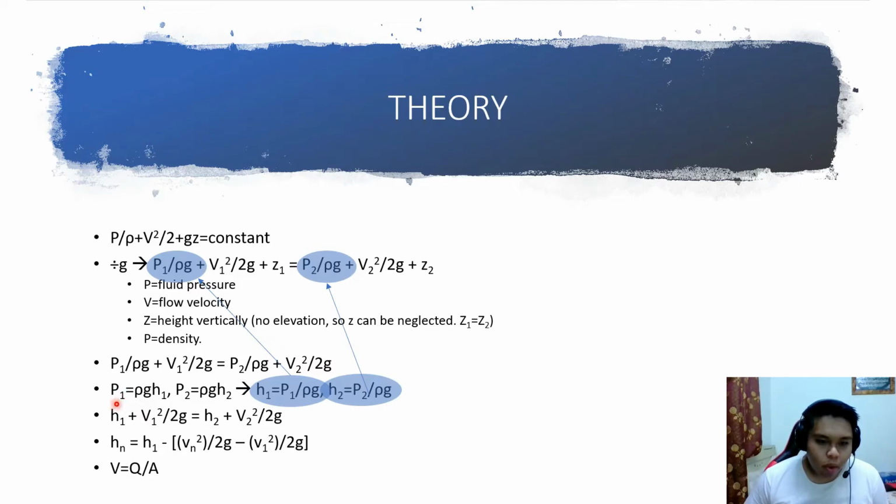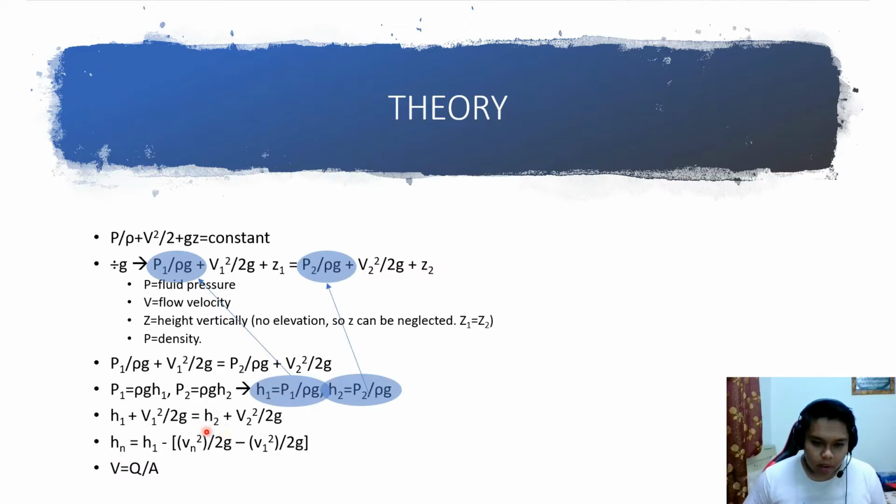So we know that P1 equals ρgh, so we will get h1 equals P1 over ρg. So note that P1 over ρg and P2 over ρg are the same, so we can replace this element with h1. So we get the equation h1 plus V1 squared over 2g equals h2 plus V2 squared over 2g.